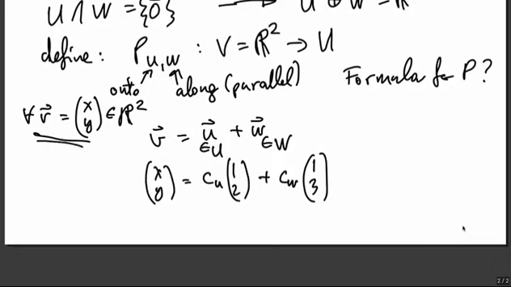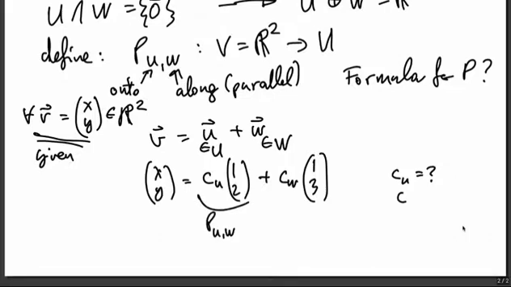Right now, V is given, the 1, 2 and 1, 3 vectors are given, and we want to figure out what Cu is. This whole part will be the projection onto U along W. Once we know what Cu is, we multiply it with the 1, 2 vector, and we get the projection. Of course, we might as well calculate Cw.